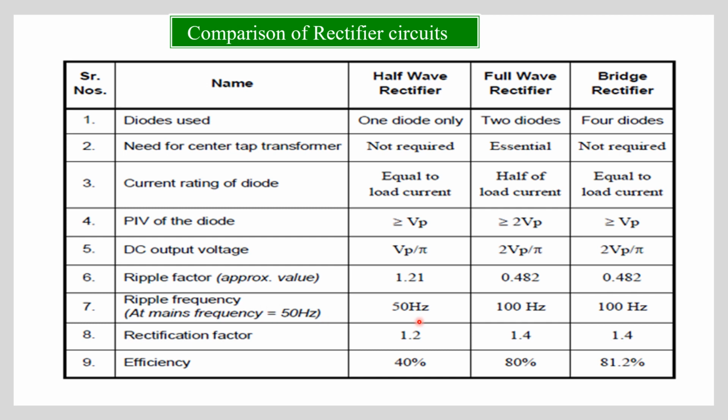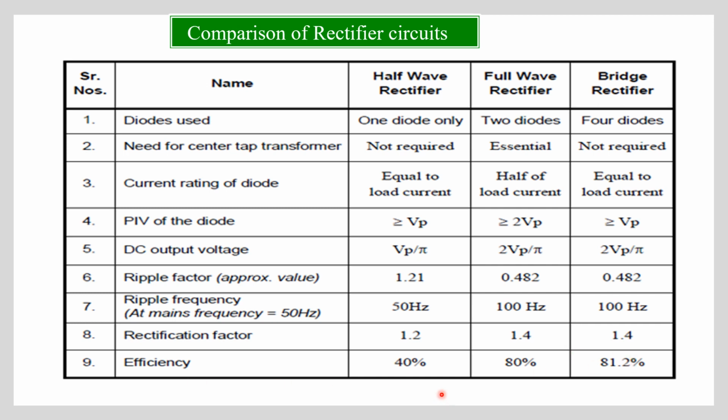The ripple frequency: the mains frequency is 50. So the ripple frequency for the half wave rectifier is equal to the input frequency, that is 50 Hz. The ripple frequency for the full wave and bridge rectifiers is twice that of the input frequency, so it is 100 Hz and 100 Hz. The rectification factor is 1.2, 1.4 and 1.4.